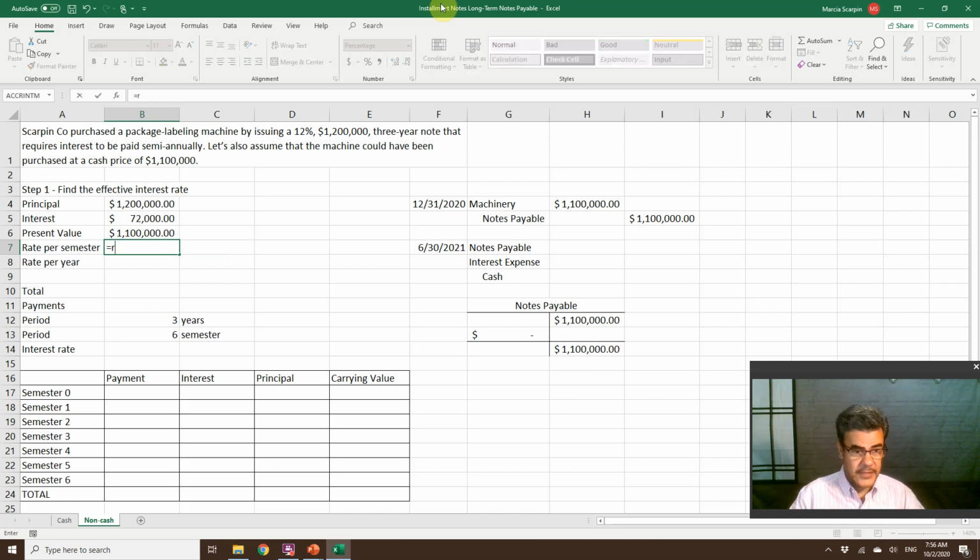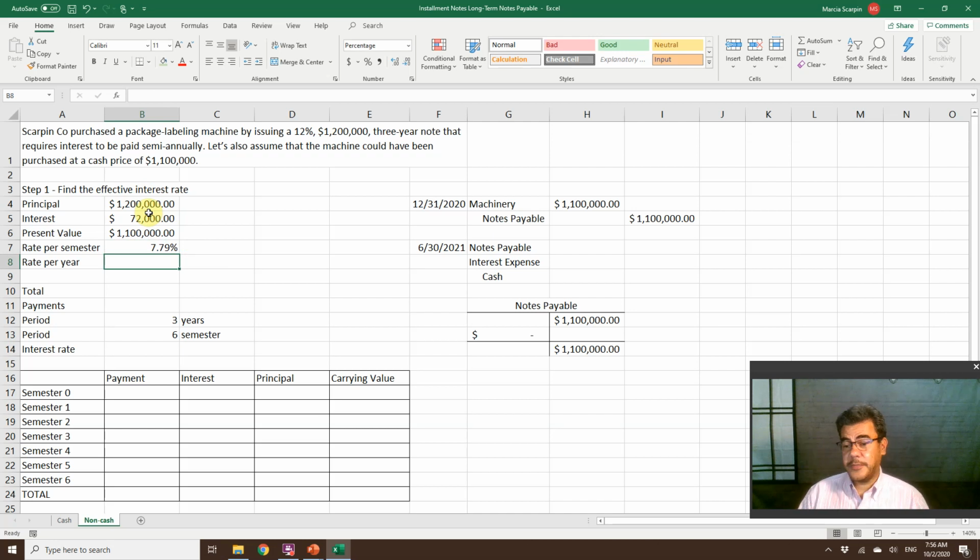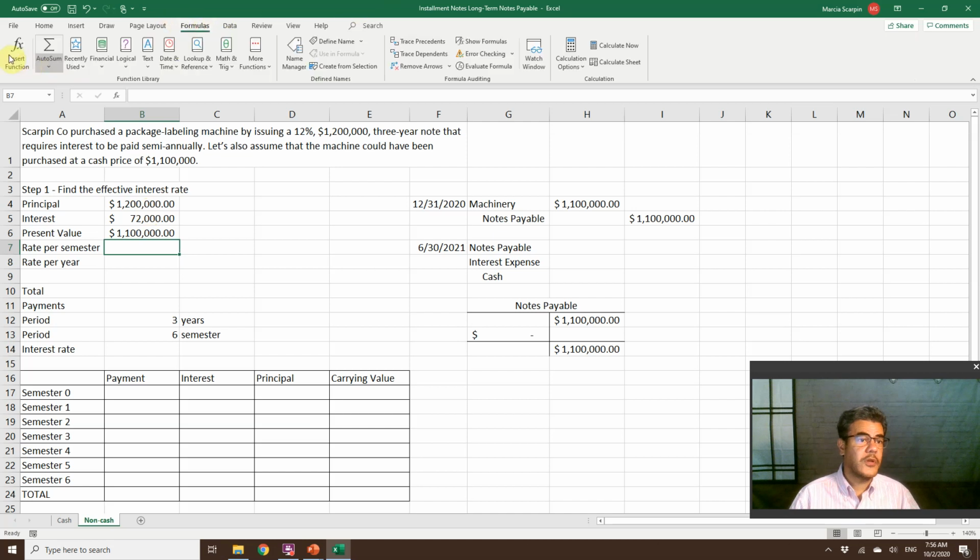So rate per semester, rate, number of periods, 6 semesters. PMT, how much will we be paying after each semester? Negative 72. How much is our present value? 1.1. How much our future value? 1.2. And here we have our rate per semester. So let's go to the formulas.